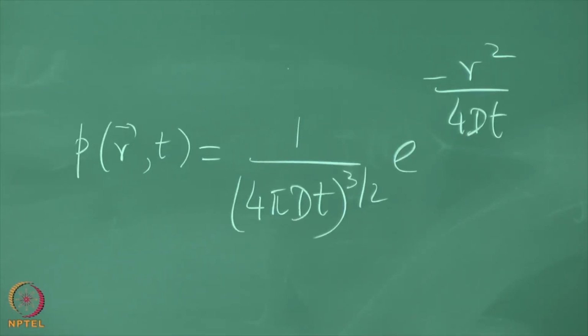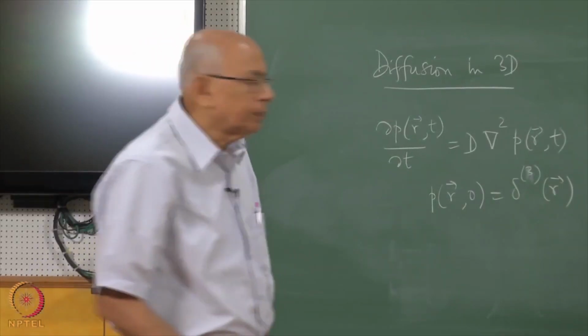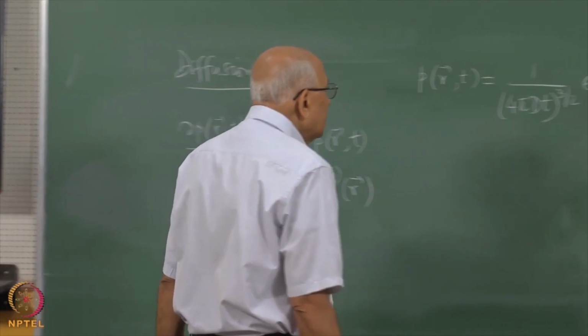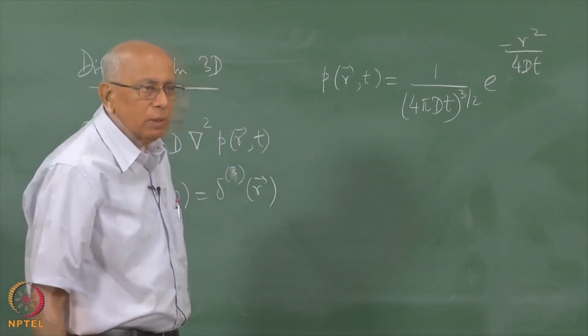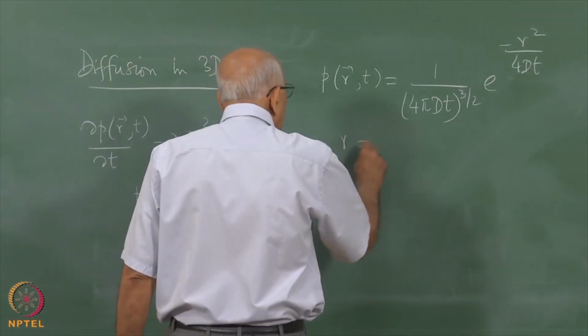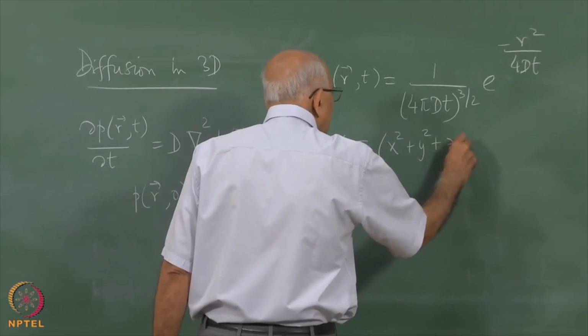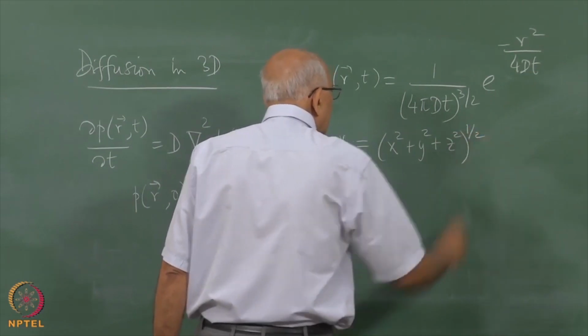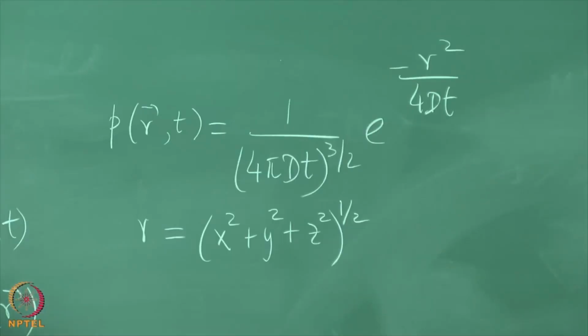Okay. From here it follows that r squared average is 6 Dt and so on. Okay. But I want to know what little r does, the distance from the origin. So that my random variable is this. Okay. It runs from 0 to infinity and I want to know what its distribution, what its stochastic equation is.